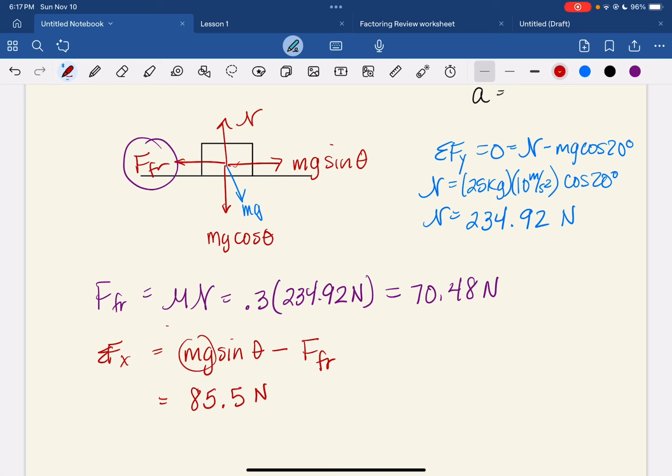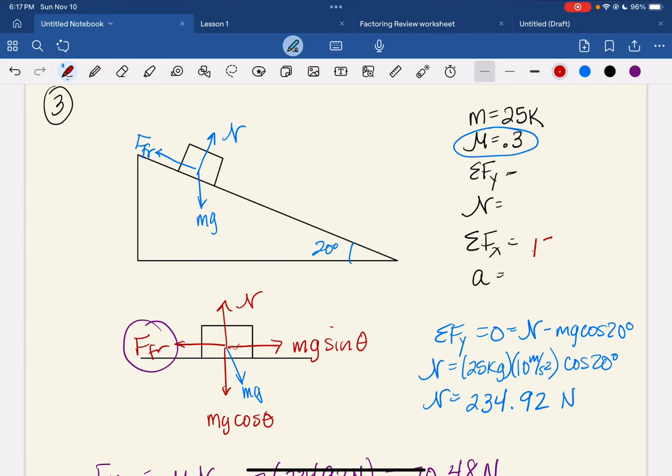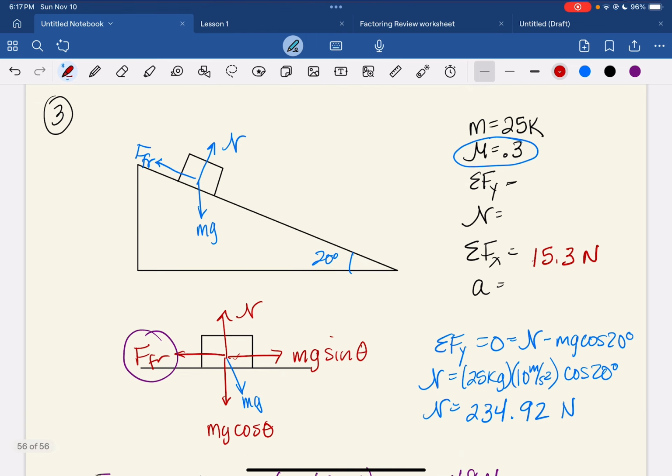Again, mg is going to be the 25 kilograms times 10 meters per second squared. So that's how I got 250. We're going to subtract my force of friction, which is 70.48. So minus 70.48 gives me 15.03 newtons. So the sum of my forces in the x direction is 15.03 newtons.